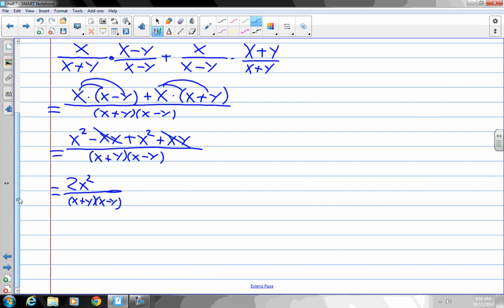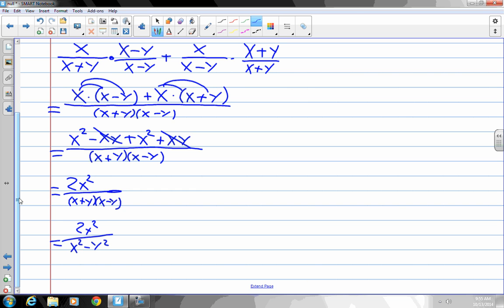Even if I FOIL this denominator out, and don't write this down, if I FOIL the denominator, which gives me x squared minus y squared using the difference of squares formula, can I cross out the x squares? No, because the x squared is not a factor.